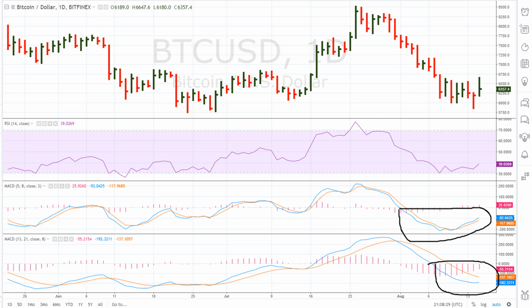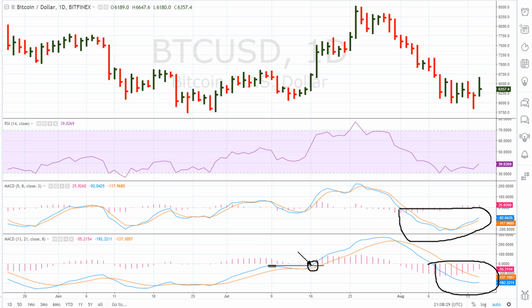Compare that to this period here, where on the MACDs you have this movement above a previous MACD failure point. You clear this level. You also move above zero at the same time.